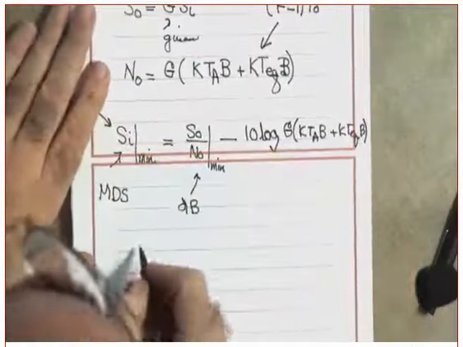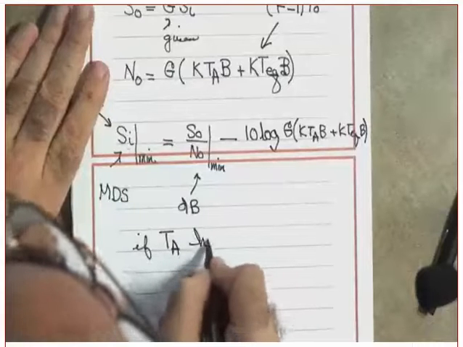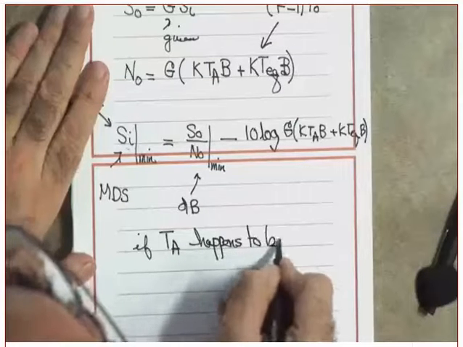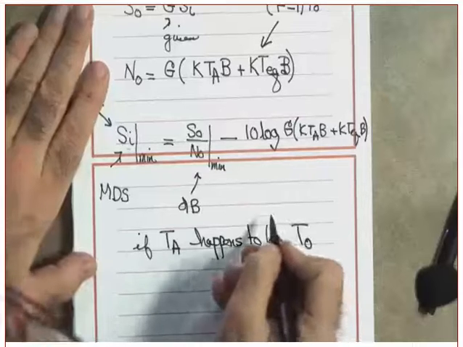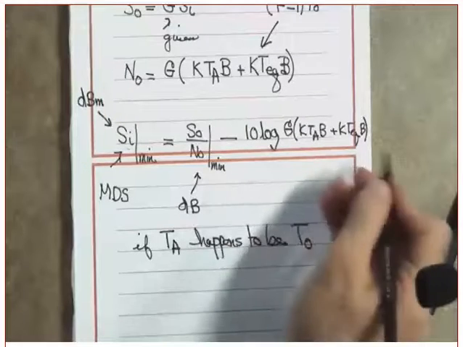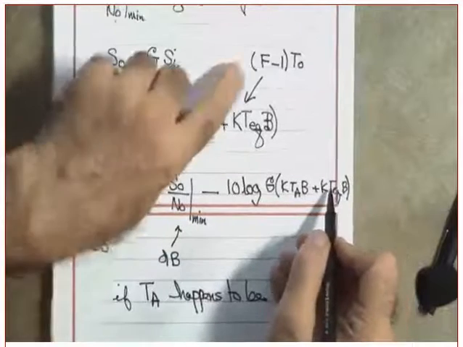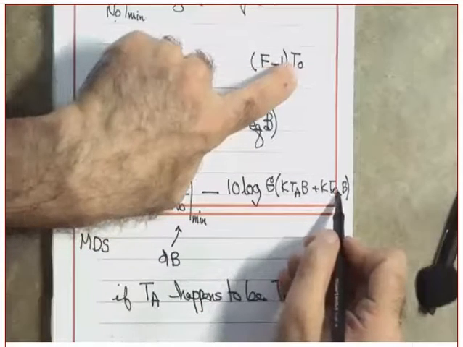Agree? Okay. If TA happens to be T0, does it have to be? If it happens to be T0, what is this? Remember, T equivalent is what? F minus 1 times what?